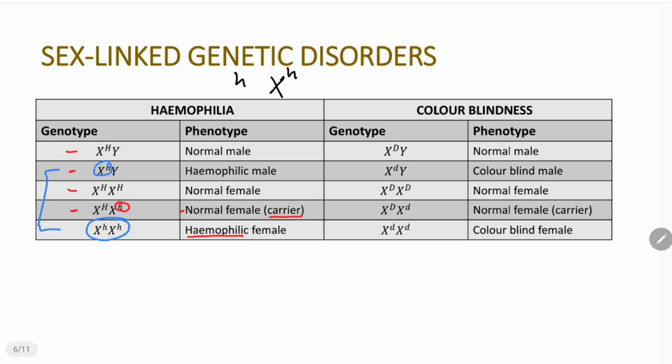So if a male inherits one recessive allele for hemophilia, he will suffer from hemophilia. But a female needs two, because if a female only has one recessive allele, she will be what we refer to as being a carrier. Now, this very same scenario applies also to color blindness, since color blindness is also caused by a recessive allele. So whatever I said here also applies to color blindness, right?